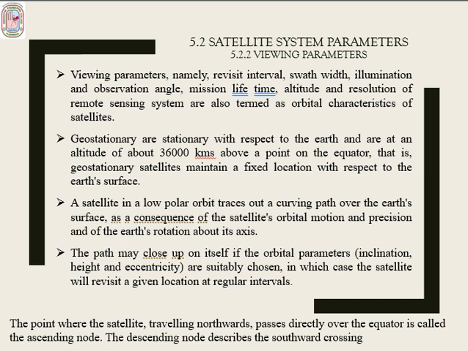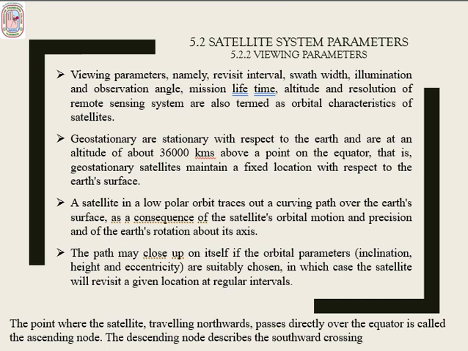So, the satellite will come to the same area within a span of time. It may be 1 hour, it may be 2 hours, it may be 10 hours, it may be a day, depending on the position and altitude of the satellite. Second one is the swath width, which is the width of Earth's surface imaged in one pass. That means in one pass how much area on Earth's surface it can capture.